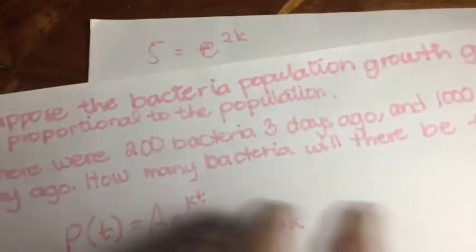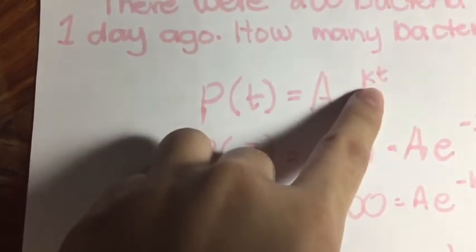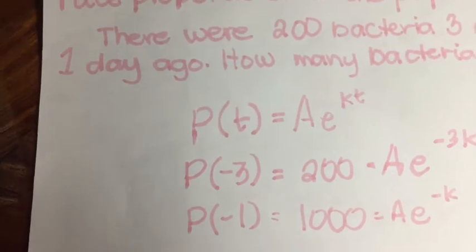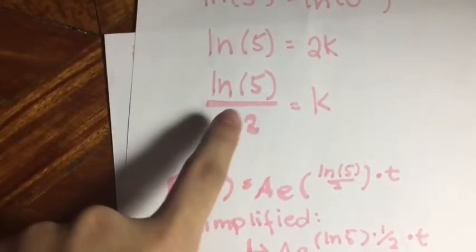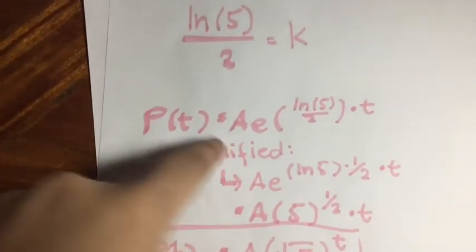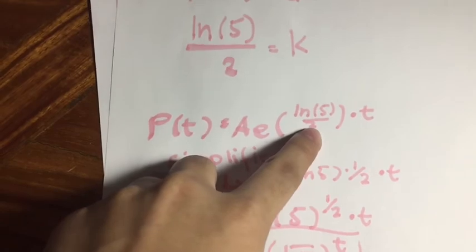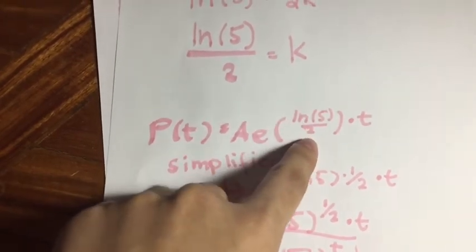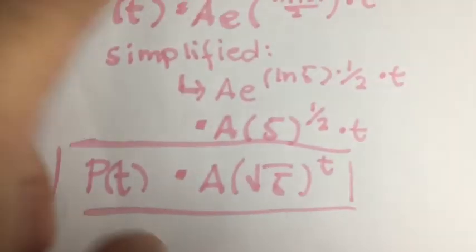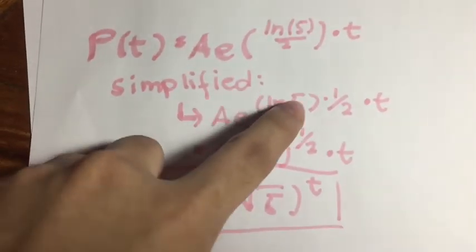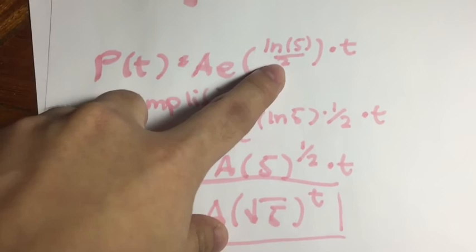Now you know what k is, and the only thing left to find is A. Before that, let's make this formula simpler by substituting ln 5 over 2 as the k and simplifying it.